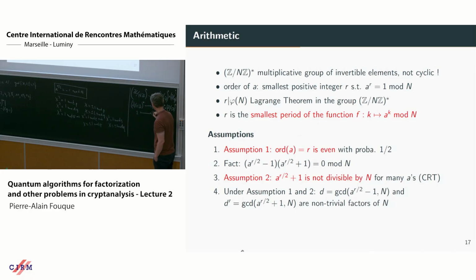I computed mod 3, it's 1, and mod 5, it will be 1. I can take 2, it's the same here. Now I can take, for instance, 4, and I will associate it with 4 mod 3, which is 1, and 4 mod 5, which is 4.